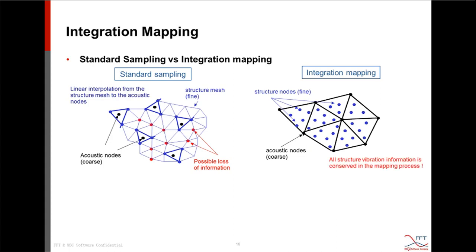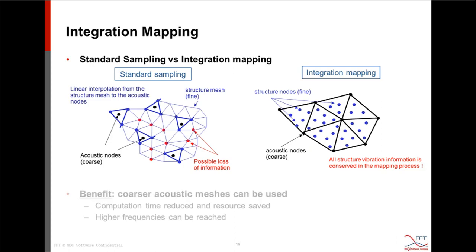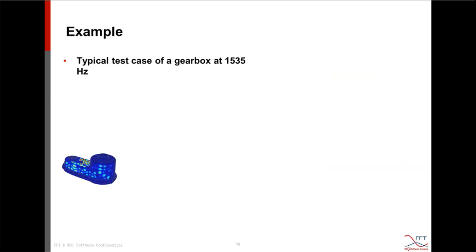And with this method, all the structure vibration information is conserved in that mapping process. So the benefit is clearly that we will be able to match the acoustic domain in a more cost-effective way, the computation time can be reduced, and higher frequency can be reached.